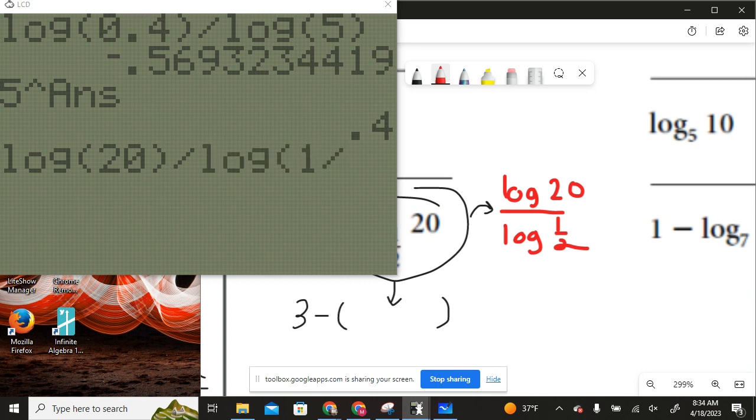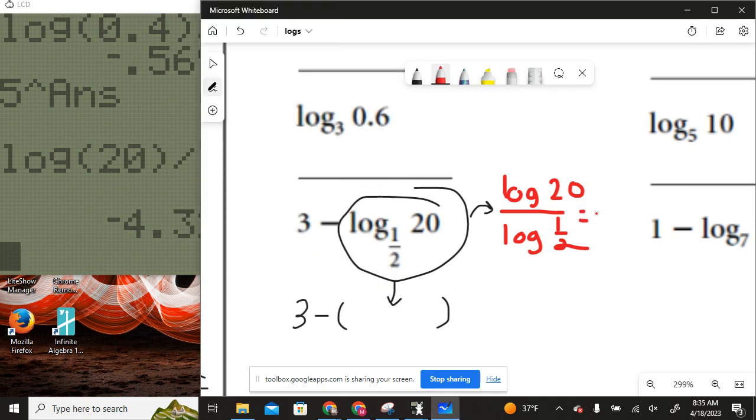You can write this as 0.5 or 1 divided by 2. Either one should work. So this gives us a negative decimal. This is negative 4.32. Yeah, this should be fine. So we're just going to say negative 4.32. Now, this right here is what all this jazz is inside of this circle.